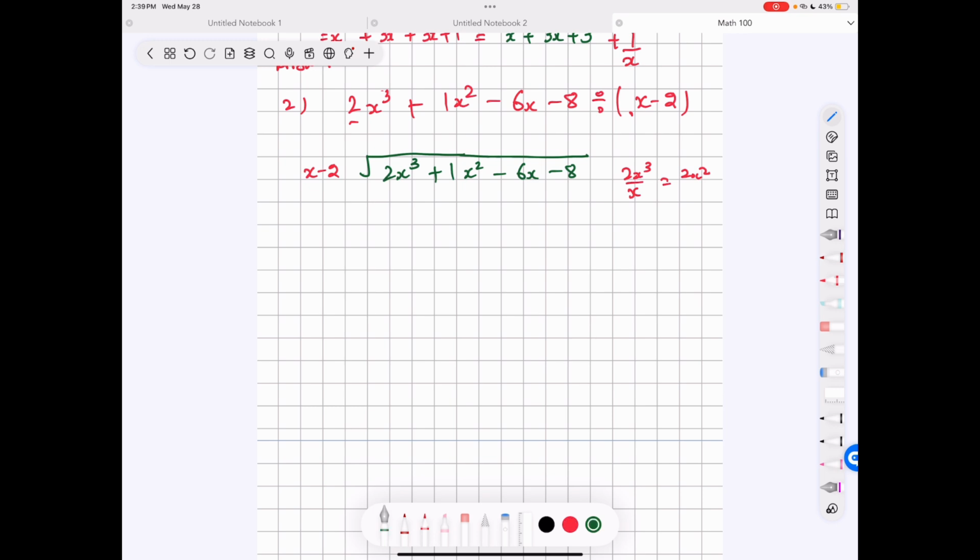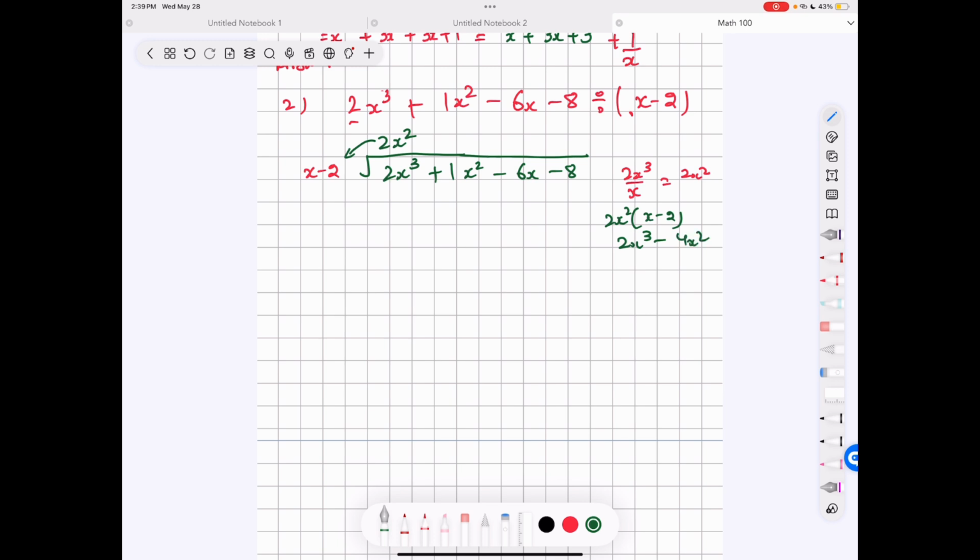Now that we get 2x squared as our quotient, we are gonna multiply it by this. 2x squared into x minus 2, we would get 2x cubed minus 4x squared.